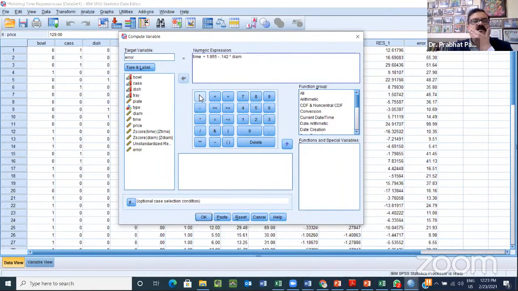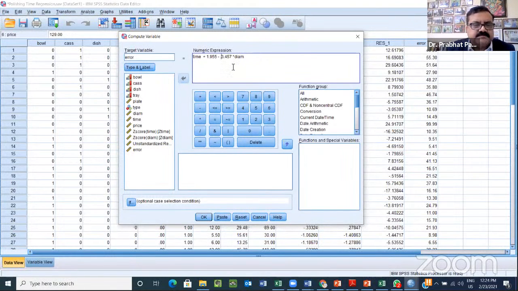Okay, and then it is going to be minus 0.457 diameter. Is this okay? Sir, there are 2 decimal points over there.